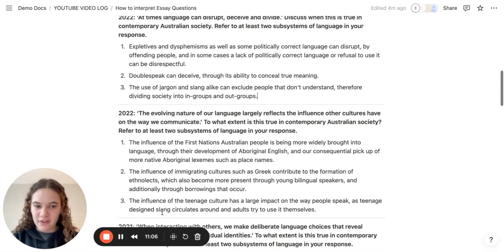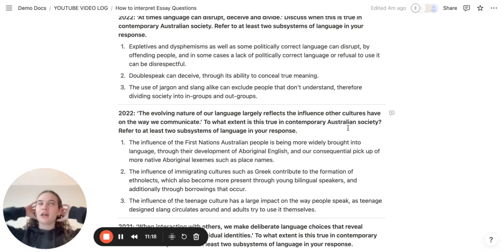The third paragraph is a little bit different. So the influence of teenage culture has a large impact on the way people speak as teenage slang circulates around and adults try to use it themselves. So here I've interpreted cultures as not specifically rigid in terms of language cultures, backgrounds and races and things like that, but also a culture that we have amongst a group of people, such as teenagers.